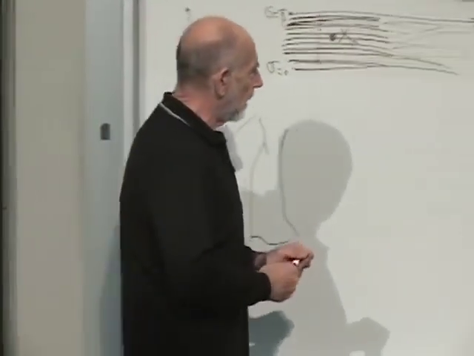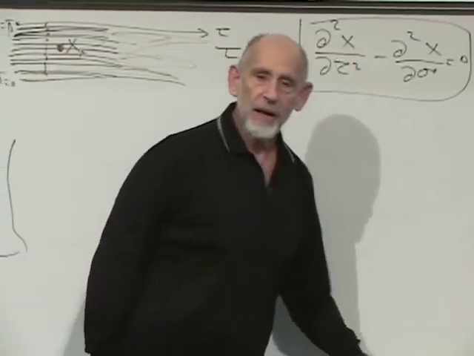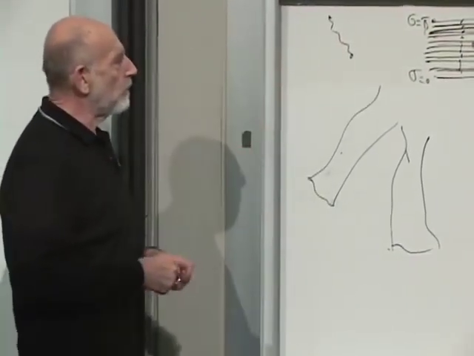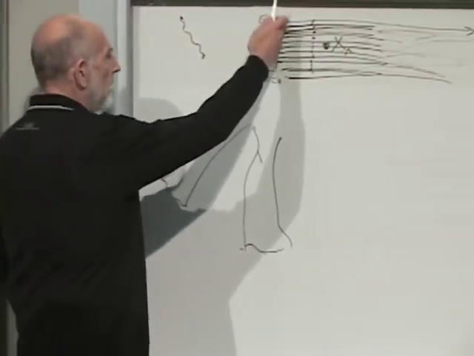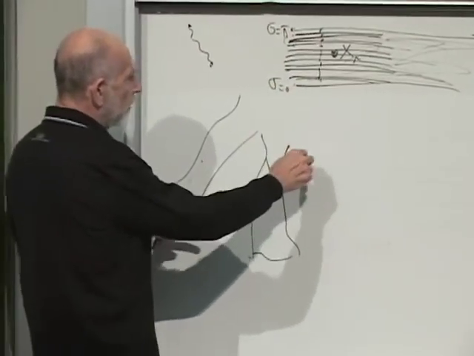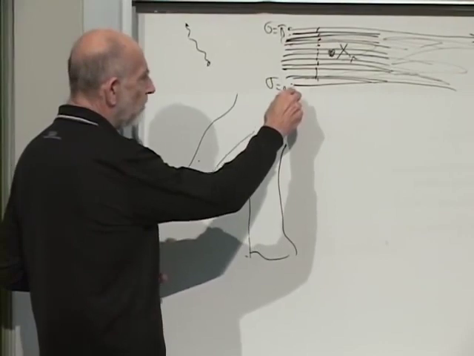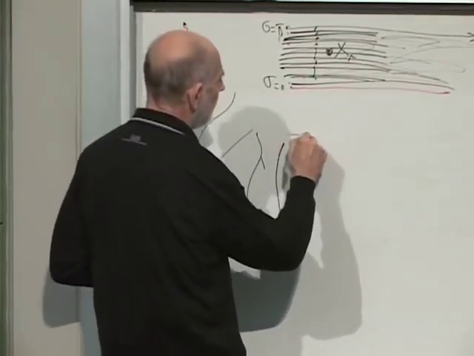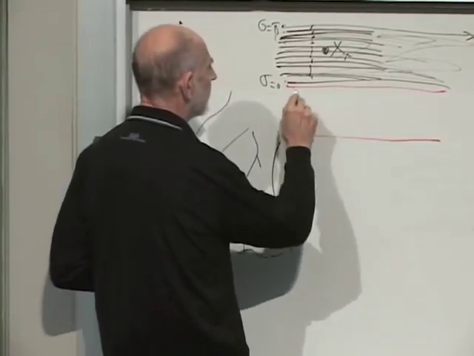Let's see, I think we need another color for the second particle. We're not going to put them right next to each other in space necessarily, but just in the parameter space. Here this goes from 0 to pi. We need to put another one in, also from 0 to pi. Here's the other string.